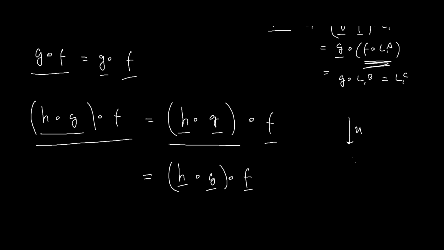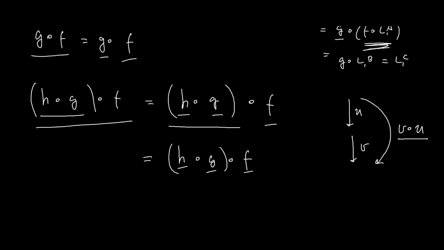If I have two morphisms U and V, I first take their composite, V composed with U, and then I take their underline. It's not like double conjugation in complex numbers, where underline just gives you back the original.